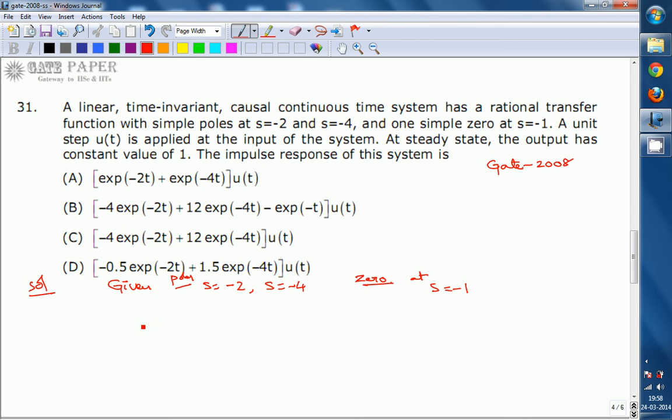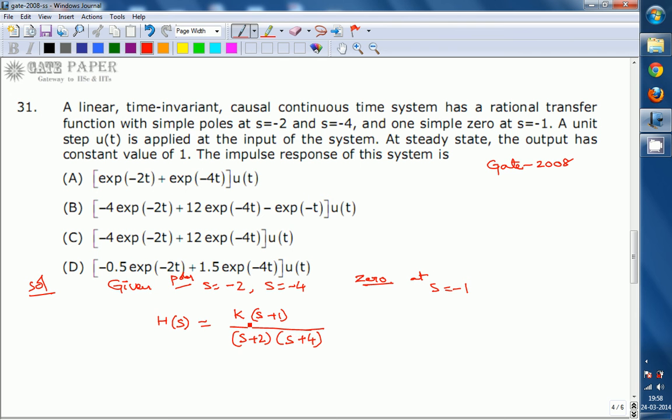By writing the transfer function of the system using these poles and zero, H of s equals K times s plus 1 divided by s plus 2 into s plus 4, with some gain K. So this is the rational transfer function for the given system.